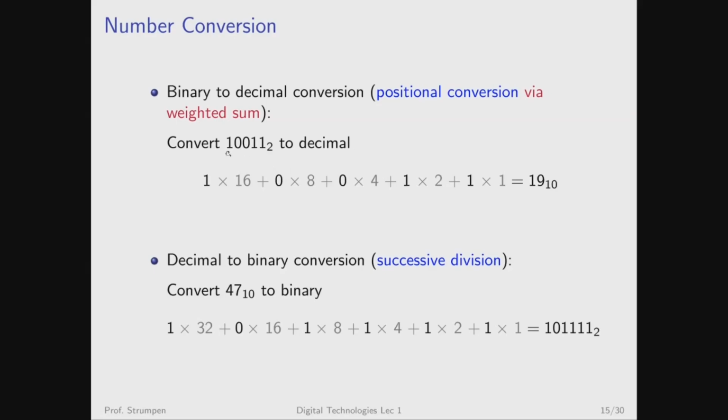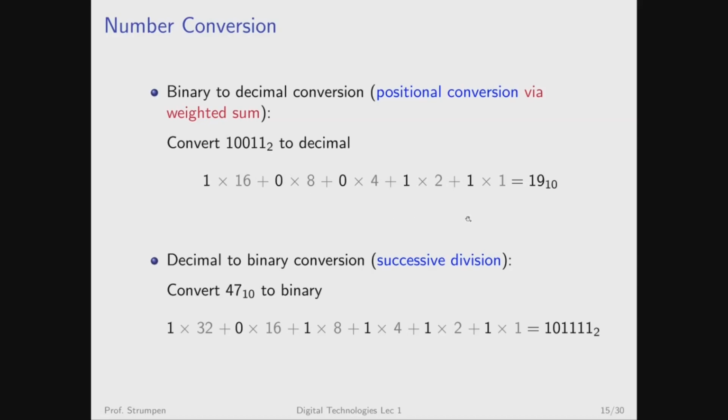Right? If you're given a binary number 10011, you convert it to decimal probably easiest by going from right to left, because the rightmost bit is always associated with position 0, right?